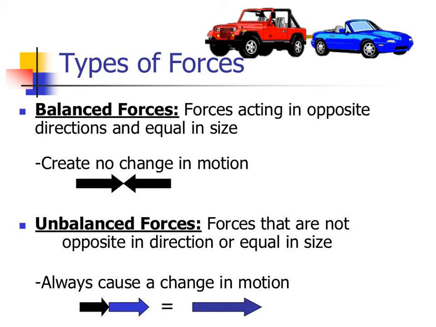Unbalanced forces mean that there is motion, there's something that's moving. As you can see, the black arrow and the blue arrow make a bigger arrow, and therefore there is a motion, and we know there's a motion because the arrow's moving. The first example up here does not have any motion.